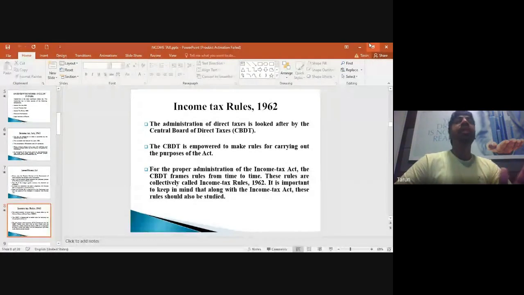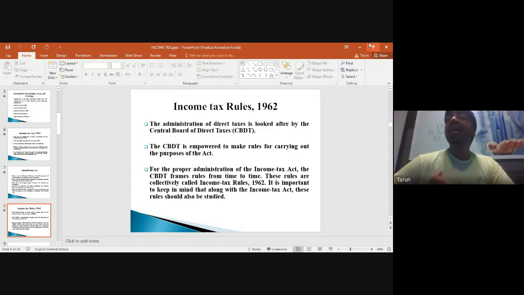For example, for salaried persons, under the income tax slabs, up to 5 lakh there is no tax charged on their income. Suppose this rule has been made; it will apply and comes under the Income Tax Rules 1962.